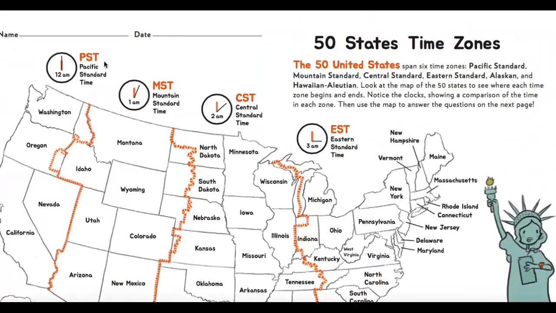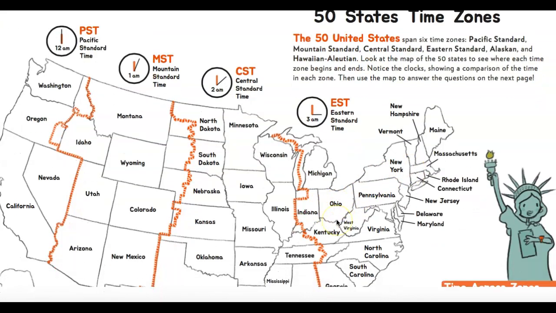All right, so it says the 50 United States span 6 time zones. Pacific Standard, that's PST. Mountain Standard, these states here. Central Standard, right here. Eastern Standard, that's what we are in, the Eastern time zone.